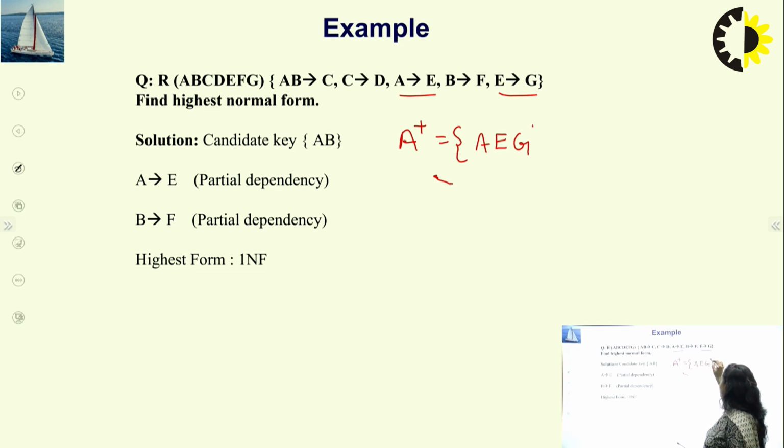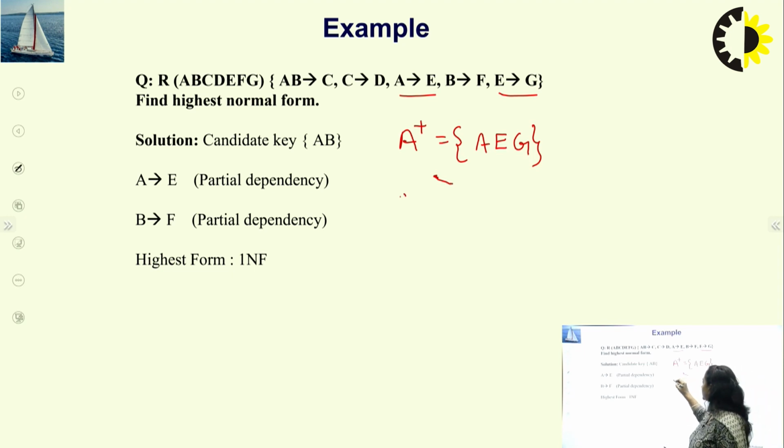The rest of the attributes cannot be determined. Similarly, we can try for B, C, and we'll find that we cannot determine all the attributes using a single attribute.